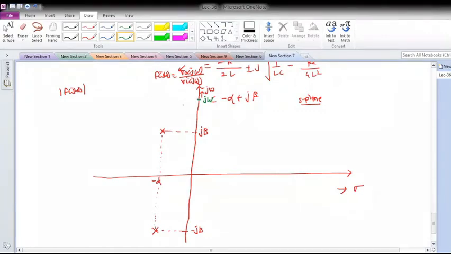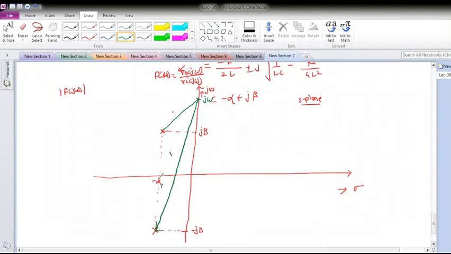So to calculate the magnitude and phase response, I have to find the vector lengths. Let me draw the vectors.